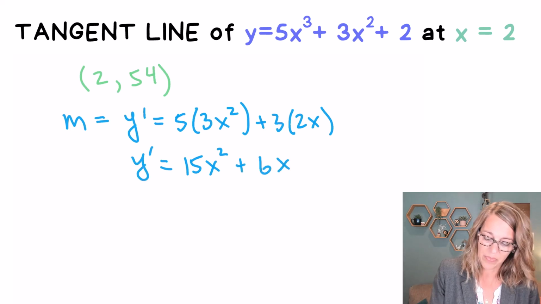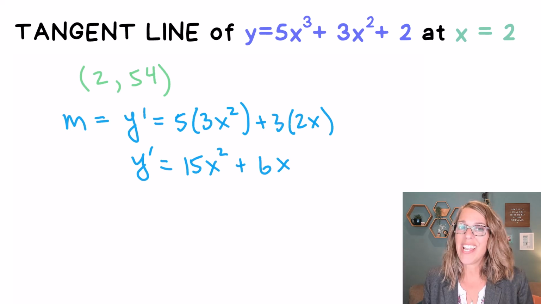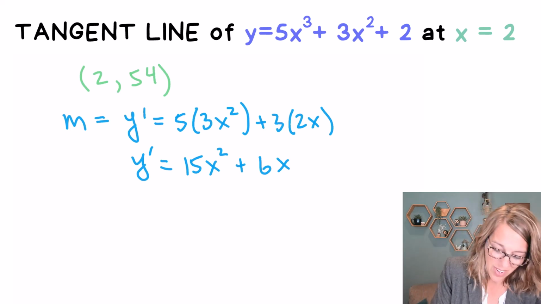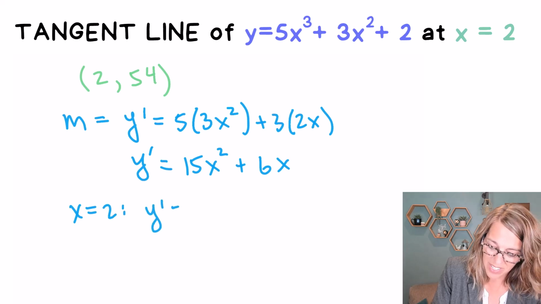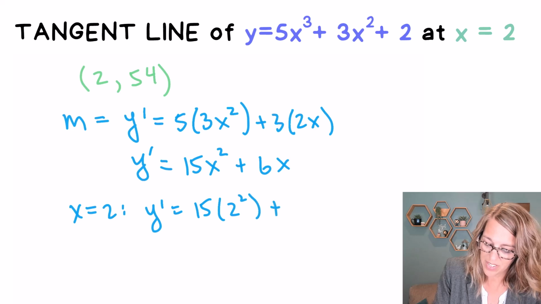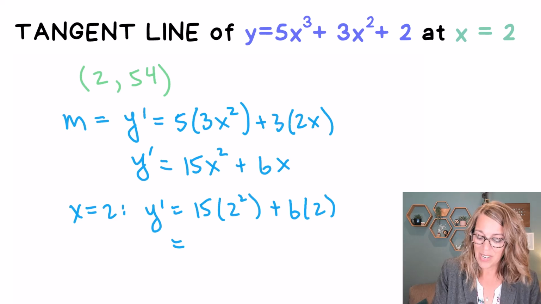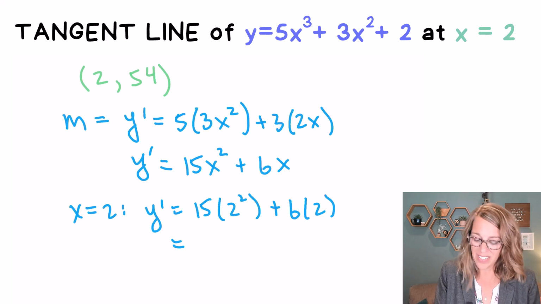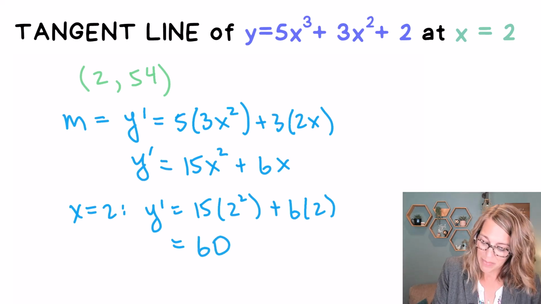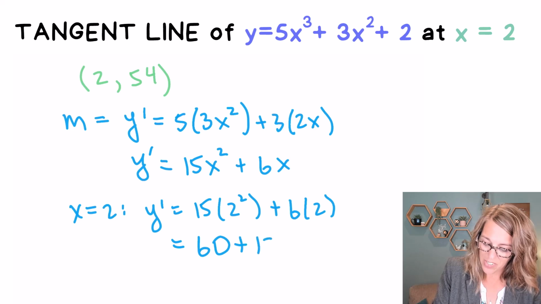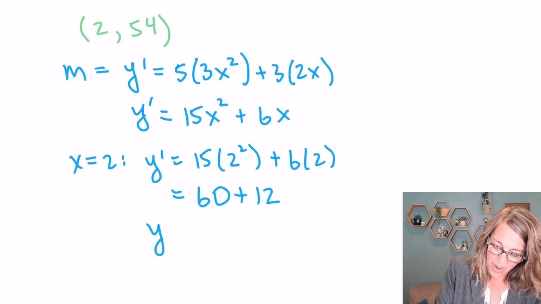This is y prime, but I need that slope at the point of tangency where x is equal to 2. So when x is equal to 2, y prime is equal to 15 times 2 squared plus 6 times 2. I should have made my numbers easier. That's going to be 15 times 4, 60. That's not too bad. Plus 6 times 2, I can totally do that, which is 12. And y prime is equal to 72.